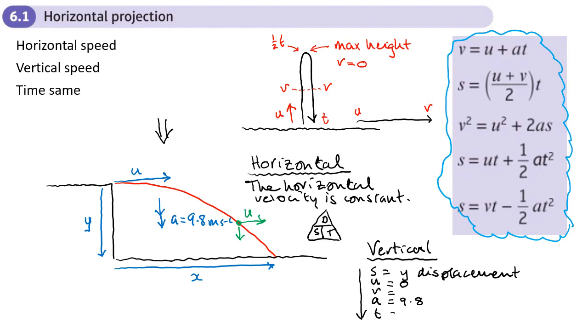And the time's just going to be the time it takes to get to a certain point. Now, because we have a horizontal and vertical component, these need to be worked out separately, but there is something which is the same in both. If I go back to this point here, it will take the same amount of time horizontally to get to this point and vertically to get to this point.